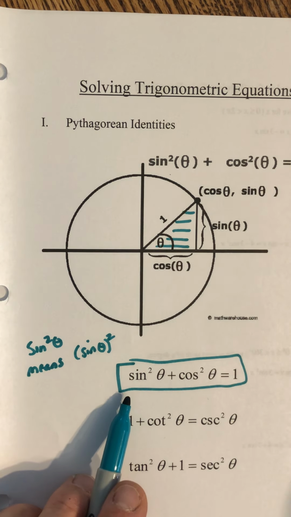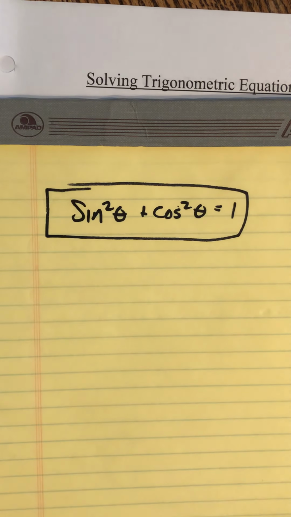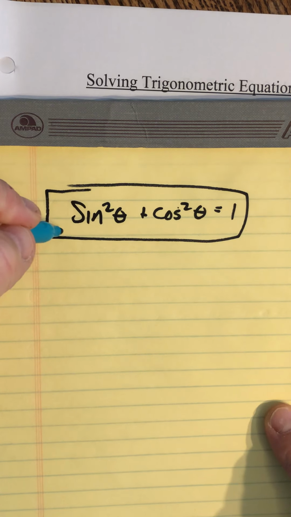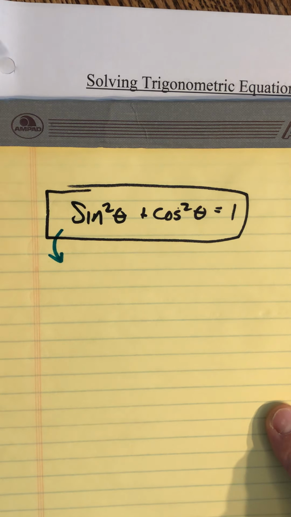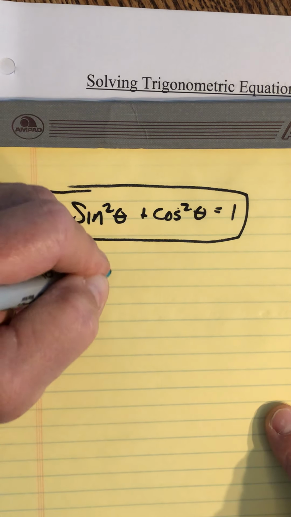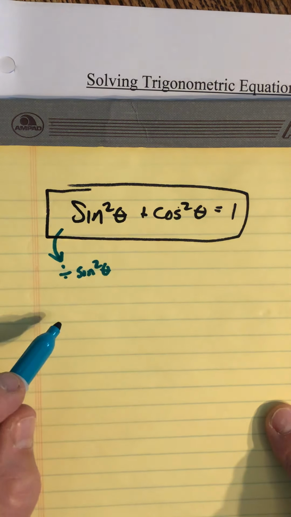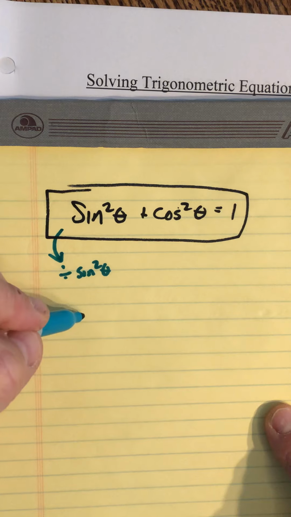Now, we can use that first one to get to the other two. Watch. Here's how we do it. So if we start with that first Pythagorean identity and you divide everything on both sides of this equation by sine squared theta, sine squared theta over sine squared theta is 1.